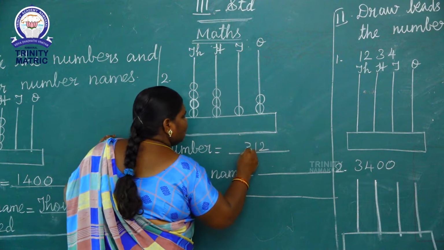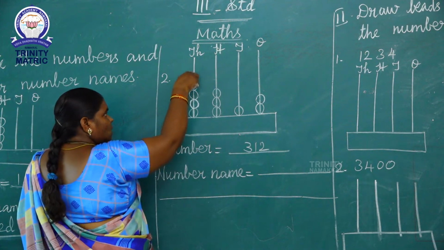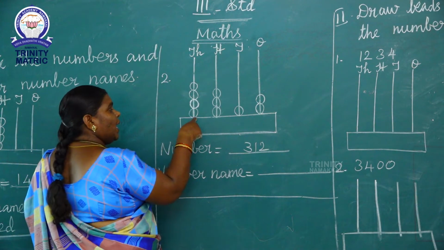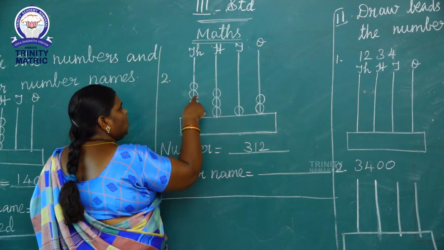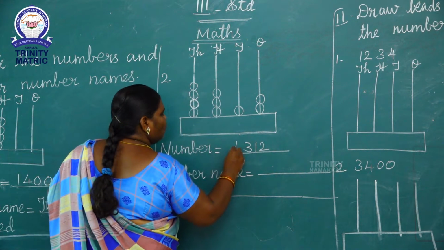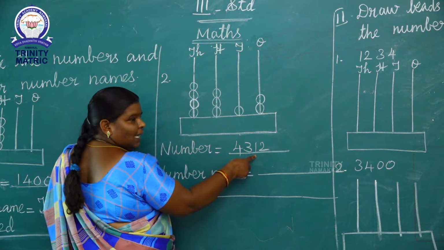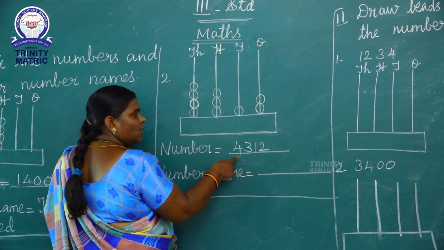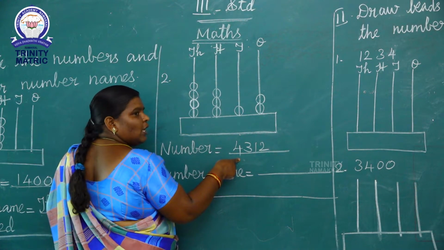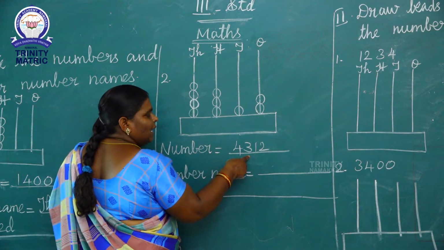So you write 3. In thousands rod, how many beads have here? 1, 2, 3, 4. So you write 4. Say the place value. Ones, tens, hundreds, thousand. Read the number: 4312.